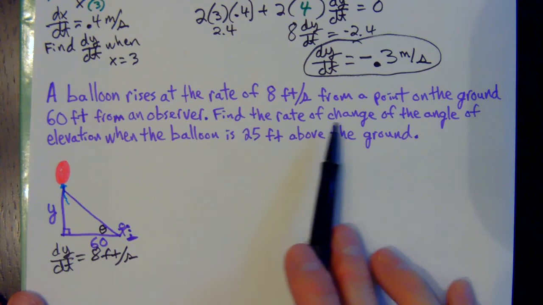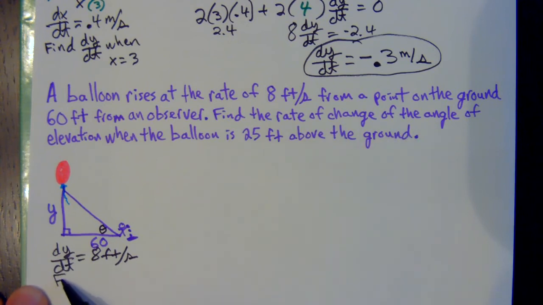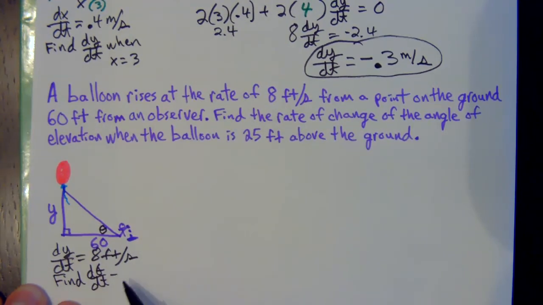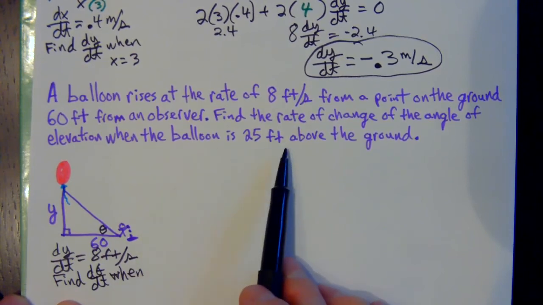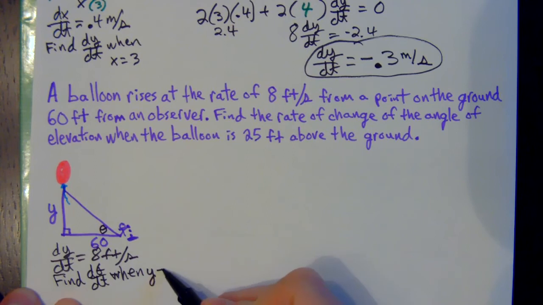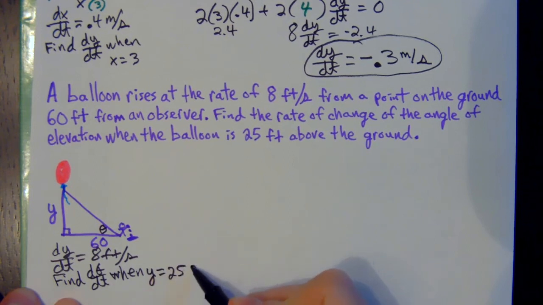Then it says find the rate of change of the angle of elevation, which means we need to find d theta/dt, how fast that angle is changing. Then it typically gives us a when: when the balloon is 25 feet above the ground. So we're going to pause it. Once it gets to 25 feet above the ground, at that instant, y is equal to 25 feet.